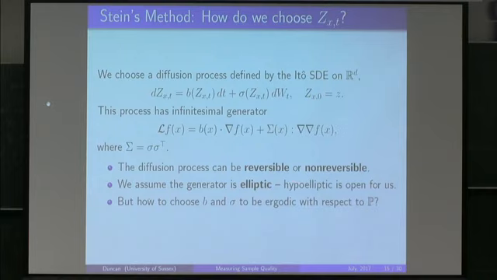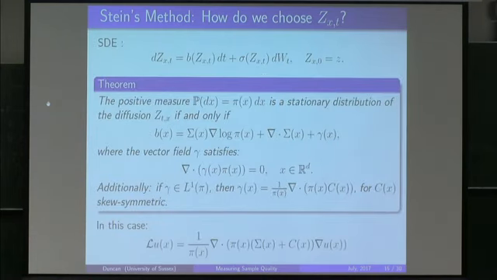The question then is, you come along with this probability distribution P with density pi. How do I choose B and sigma to be ergodic with respect to P? There's this very nice theorem, which I should have attributed. It's actually a very classical result, but in this form it was written in a paper called A Complete Recipe for Stochastic Gradient Langevin Dynamics, by Ma, Chen and Fox, I think.